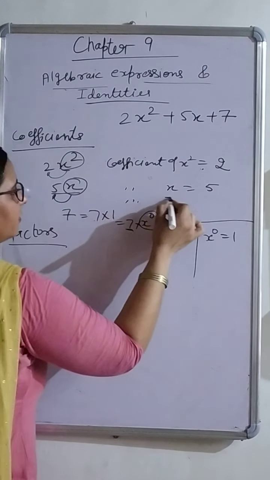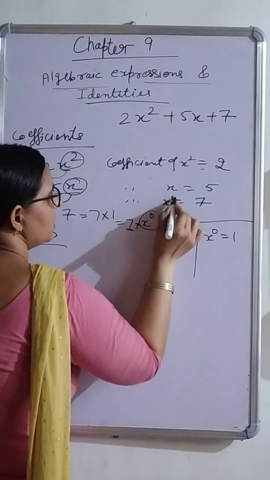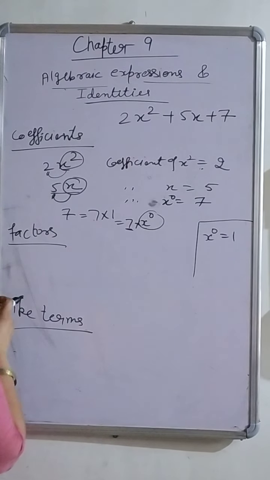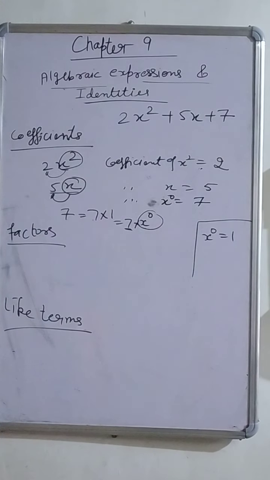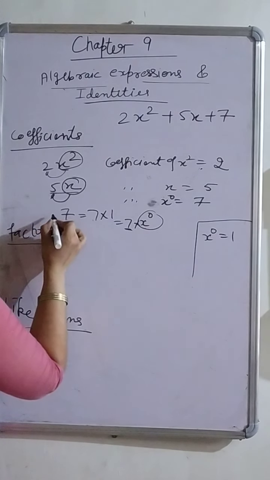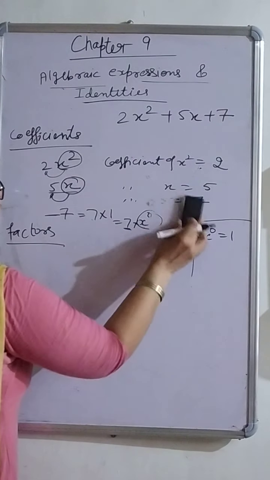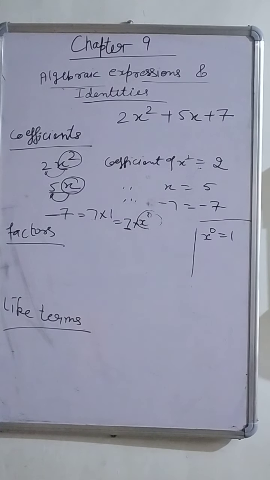Or you can simply write that the coefficient of a constant term is the constant term itself. If it is written minus 7, the coefficient of minus 7 is minus 7.